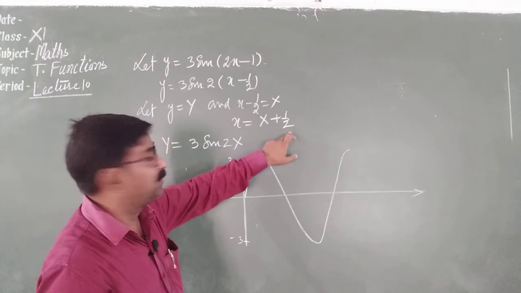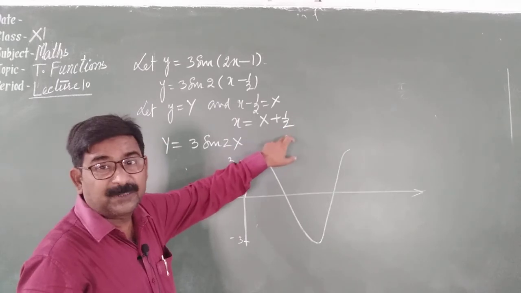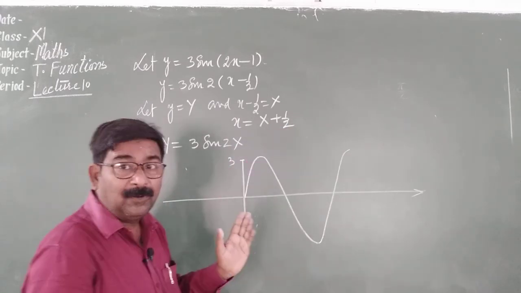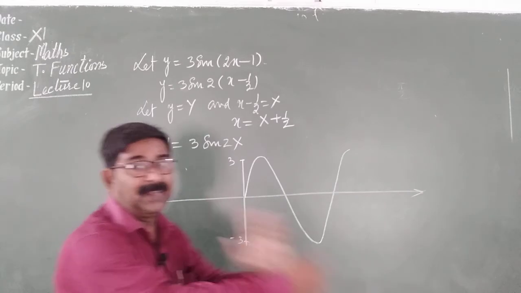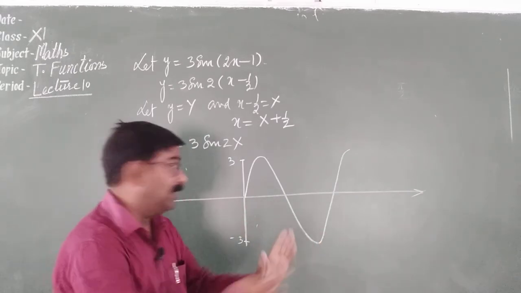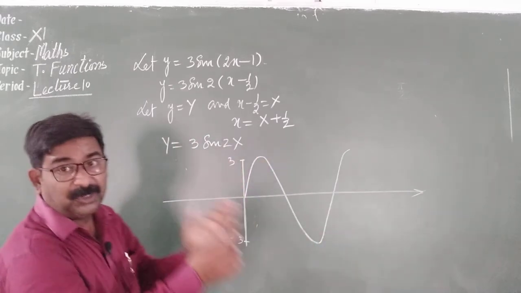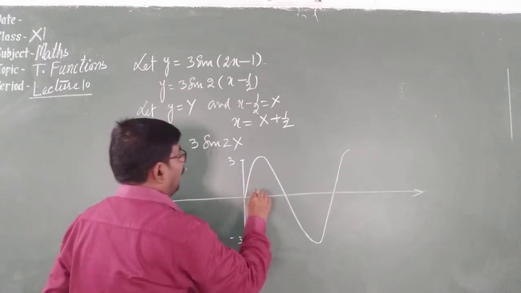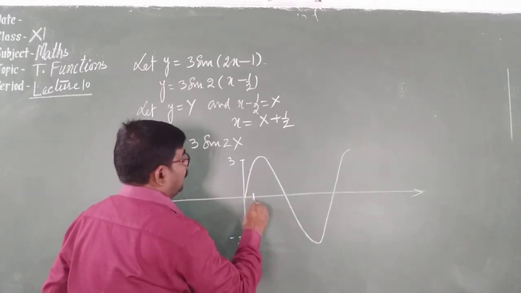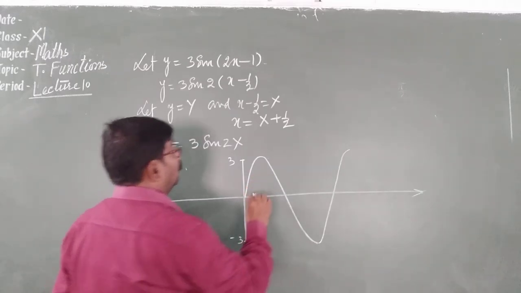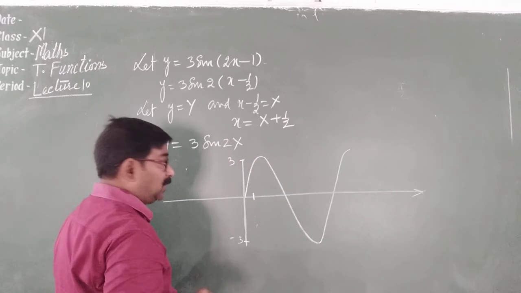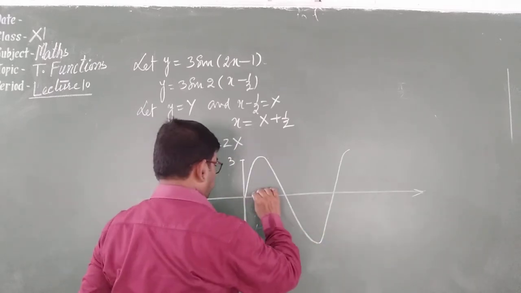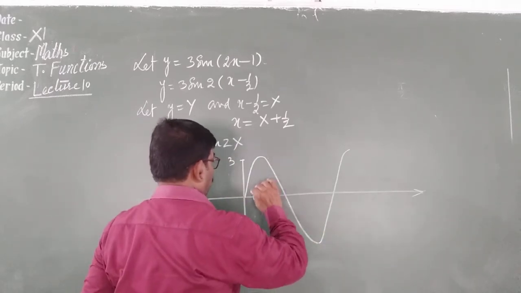If this number is positive, we shift the graph by that much to the right side. If it is negative, we shift the graph to the left side. So by half point, suppose this is half point, and we will plot the graph parallel to this. See how this will go.